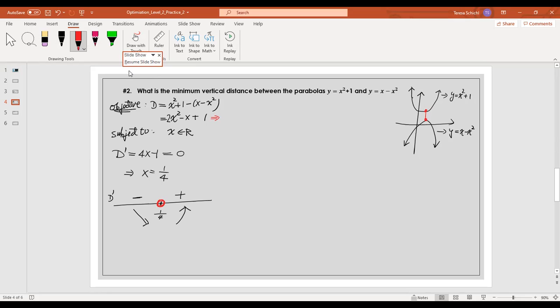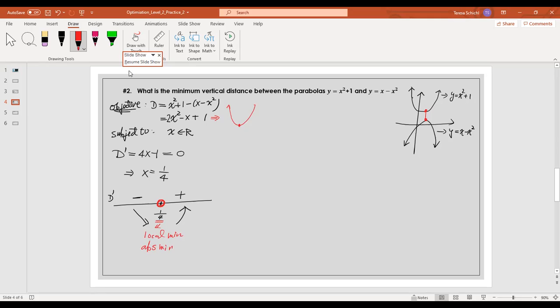So I know this one here is the local min, but it is also the absolute min here, because it's right in here, right?